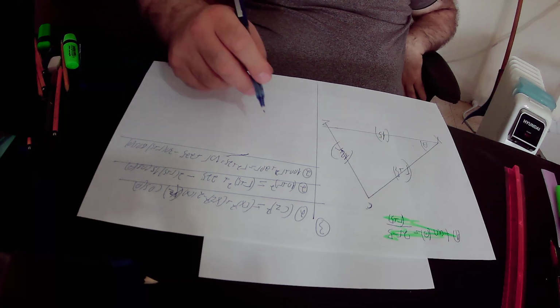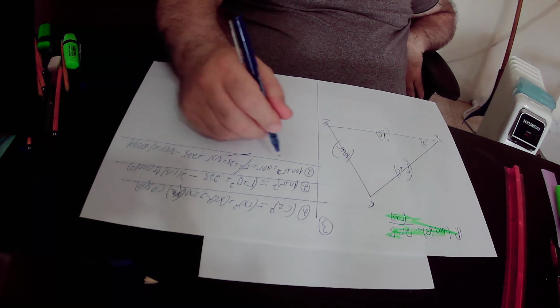Here we have r squared on both sides of the equation, so r squared will get cancelled.